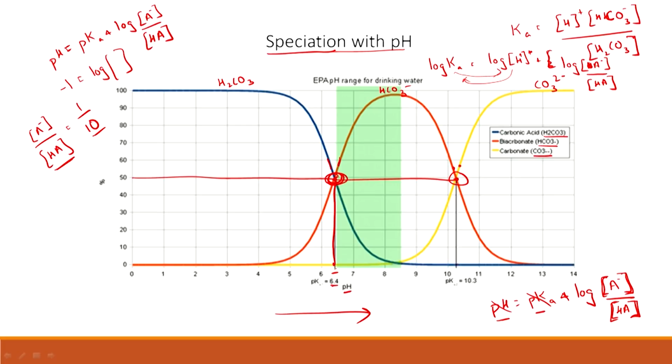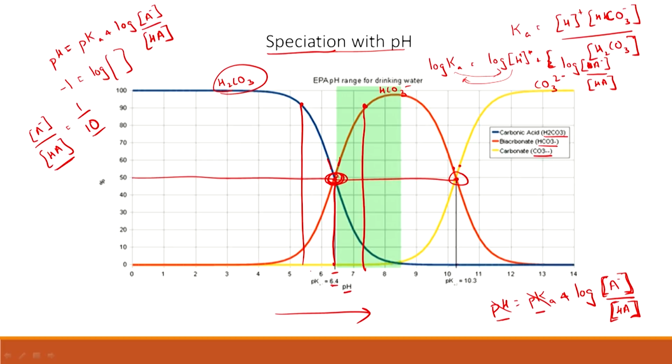So, what do you see? At 5.4, you see that most of the carbonate species will be present as H2CO3, right. Similarly, if I work it out for 7.4, most of it will then be present as HCO3 minus, right.